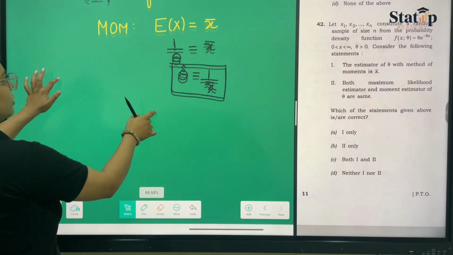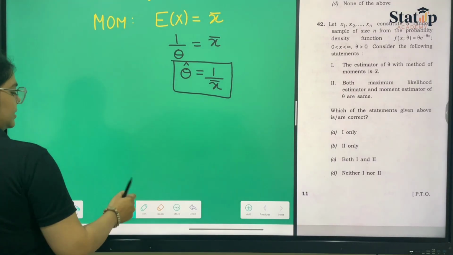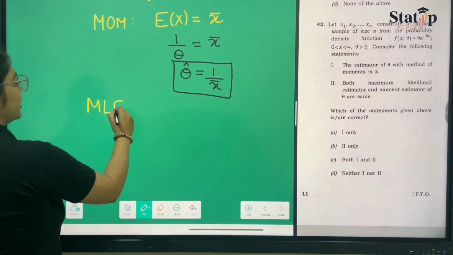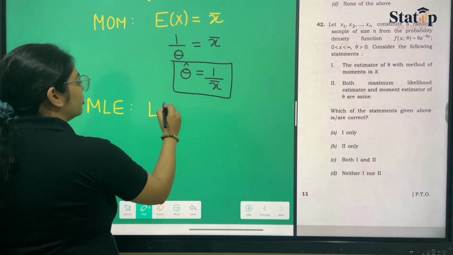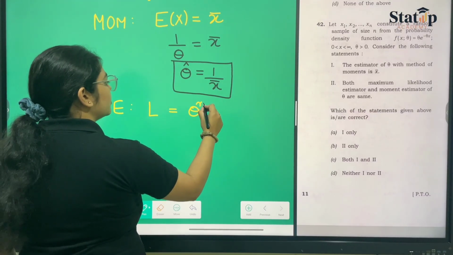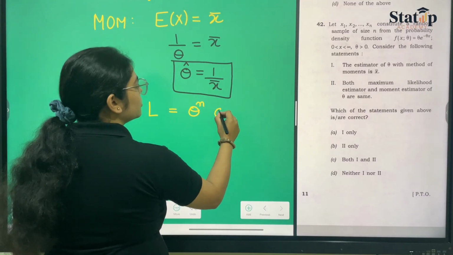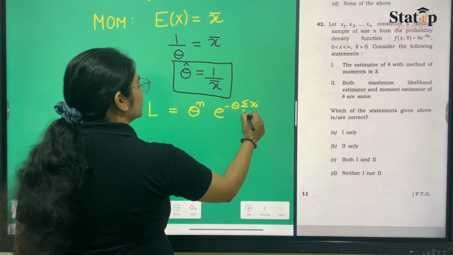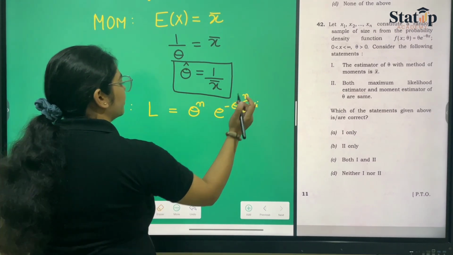Now if we have to calculate our MLE estimator, for MLE estimator, first of all, we have to calculate our likelihood function. Likelihood function will be theta raised to the power n e raised to the power minus theta summation xi, summation over i goes from 1 to n.